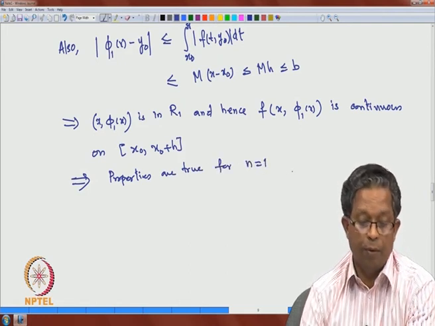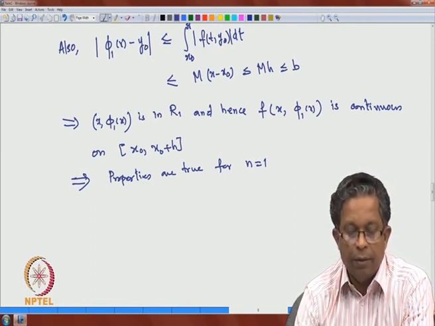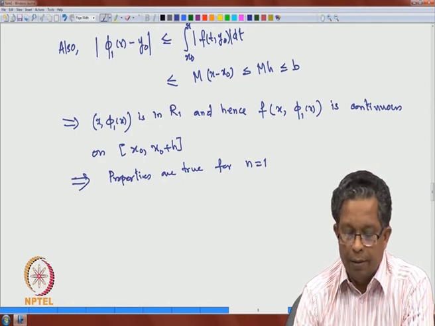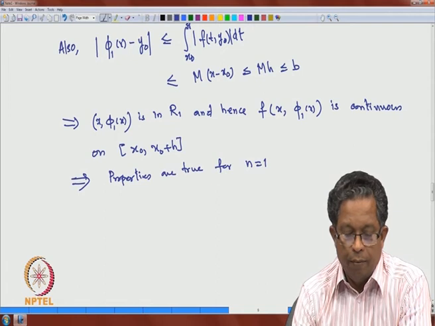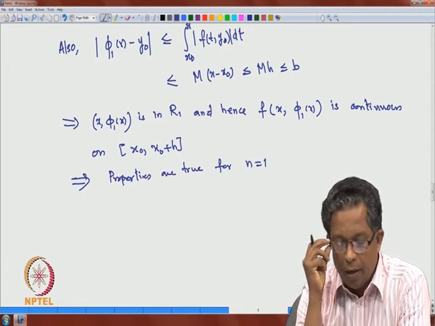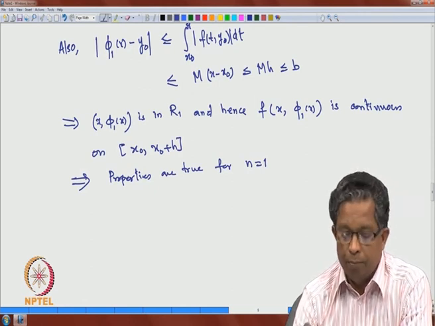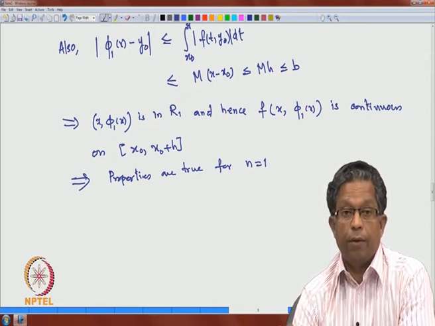So, what we have proved in part A is the properties of the phi n's: they are all defined, they have continuous derivatives, when phi n is put into f that is also continuous, and (x, phi n of x) are in the rectangle.